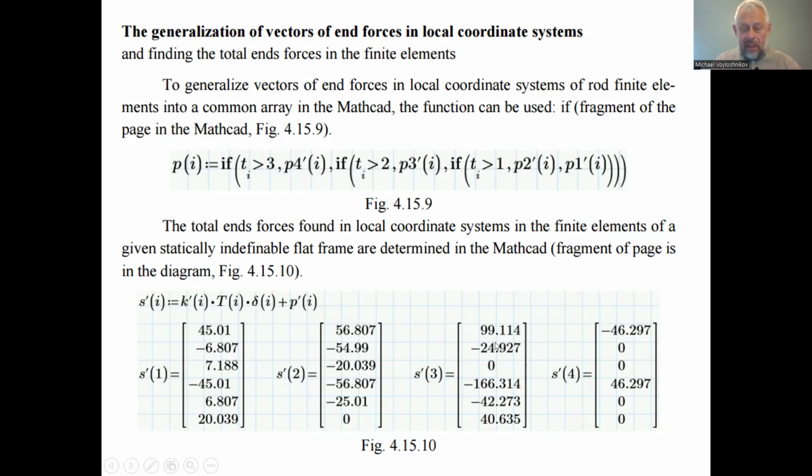The third inclined segment of the mechanical system, the statically indefinable frame. The longitudinal force changes at the end, because the longitudinal force distribution depends on the distribution of the distributed load on the third inclined finite element.